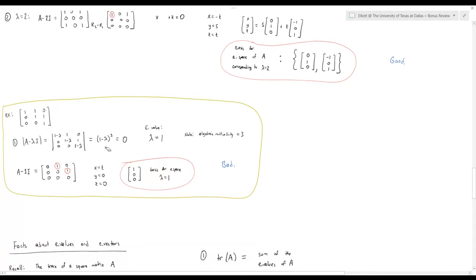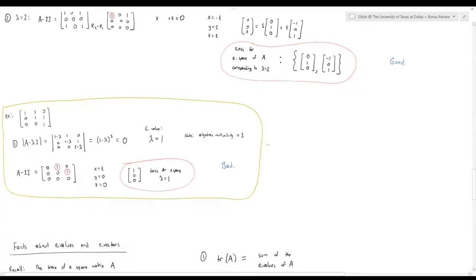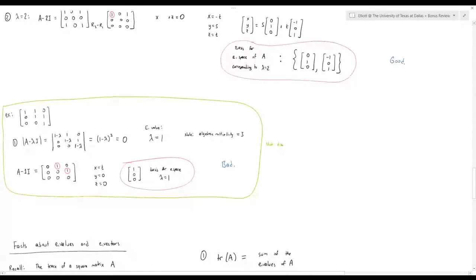Lambda equals 1 was an eigenvalue with a multiplicity of 3, if you will. When we found the eigenspace, it turned out to be one-dimensional. So we had just this one vector as a basis for the eigenspace. This matrix is not diagonalizable because of that. It only has one linearly independent eigenvector instead of the necessary 3.